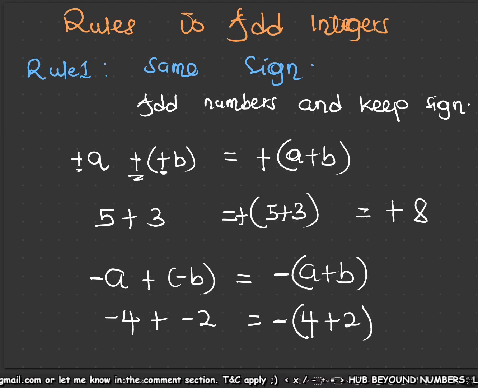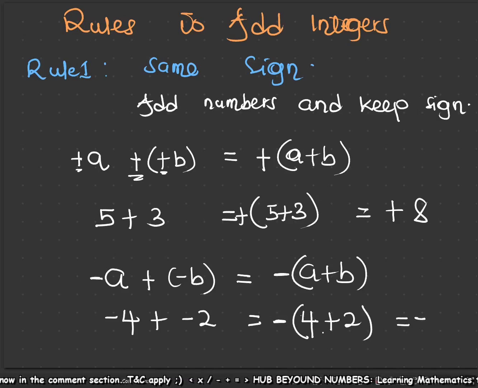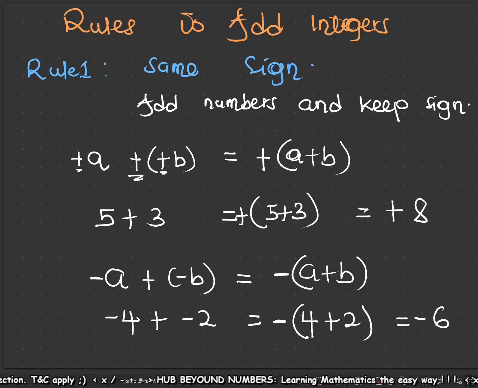Because they are negative, let's keep the negative, so that we have negative 6. You see, very simple. That is what this first rule is saying if you want to add integers with the same signs. But what if we want to add integers and the signs are different?